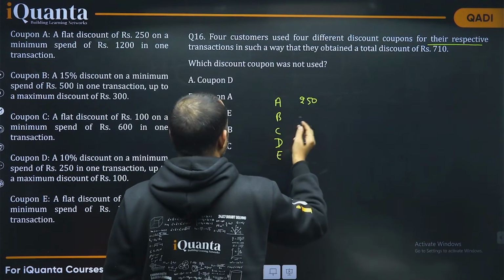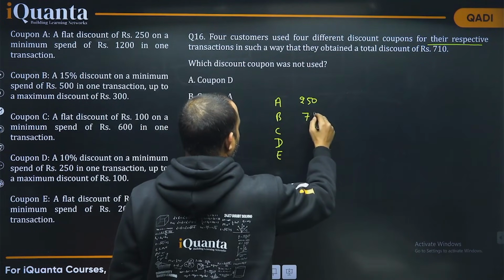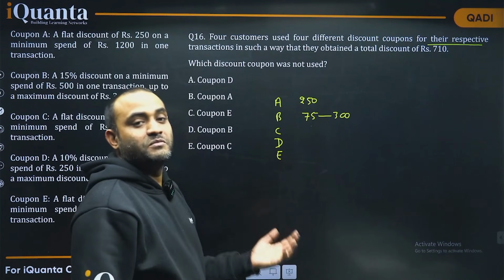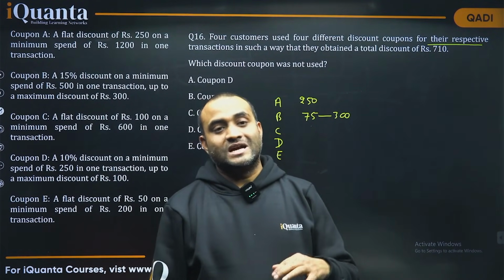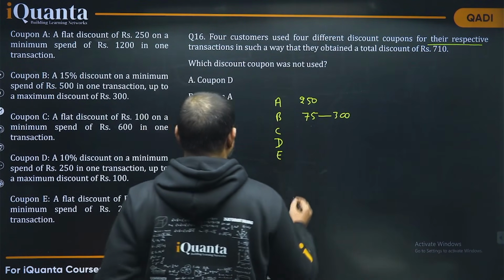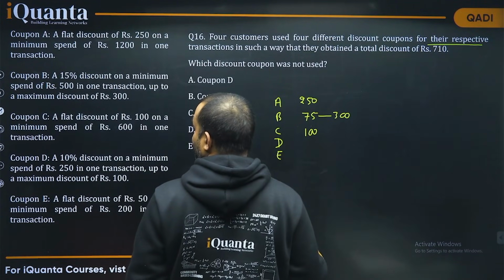In coupon B, 15% discount. So this amount will vary from 75 to 300, right? Minimum discount is 15% on minimum amount of 500, so that is 75 rupees. Maximum you can get is 300. Coupon C, flat discount of 100 rupees. Coupon D, 10% discount.